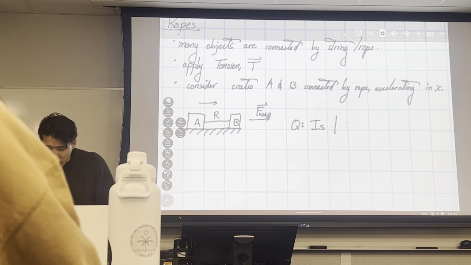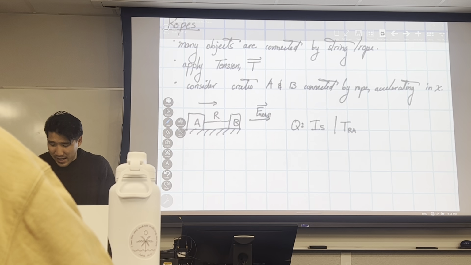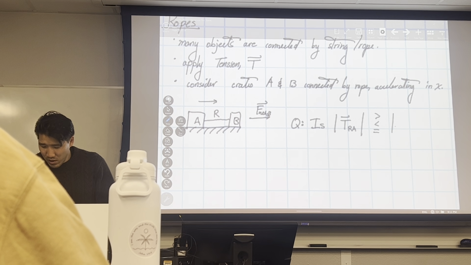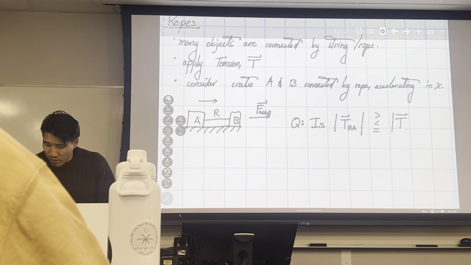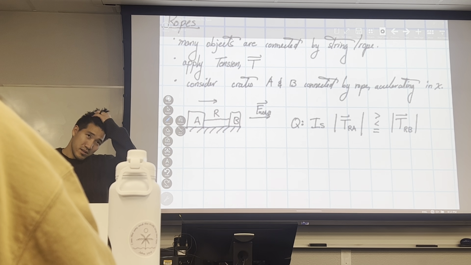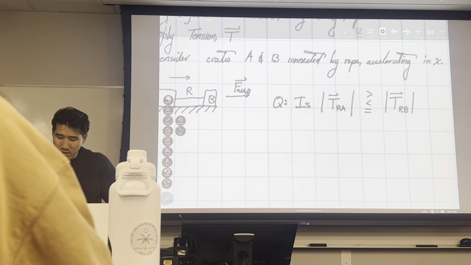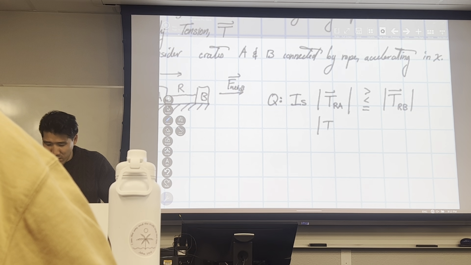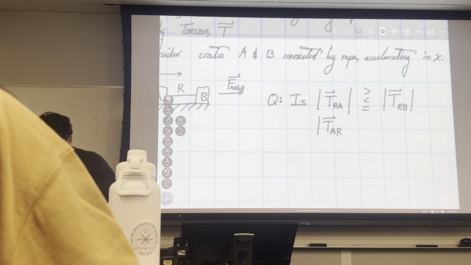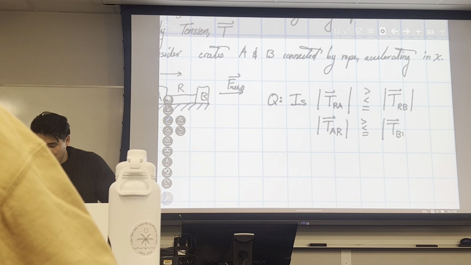Is the magnitude of the tension of the rope onto A greater than, less than, or equal to the tension of the rope onto B? Or alternatively said, we can flip the subscript around. Is the tension of A onto the rope greater, less than, or equal to the tension of B onto the rope?